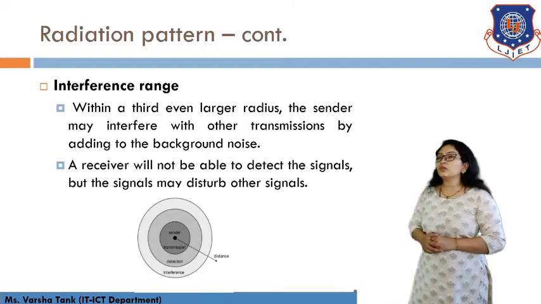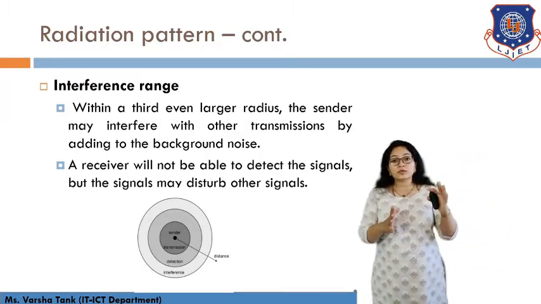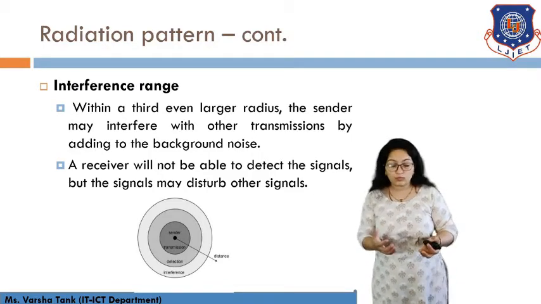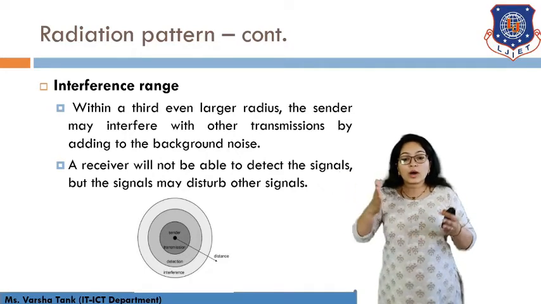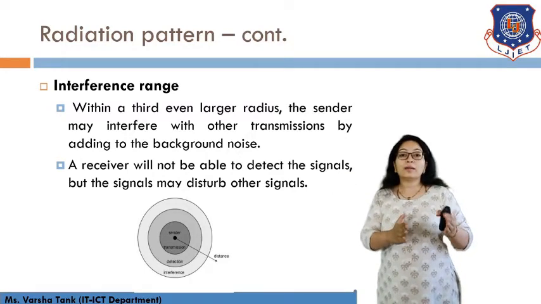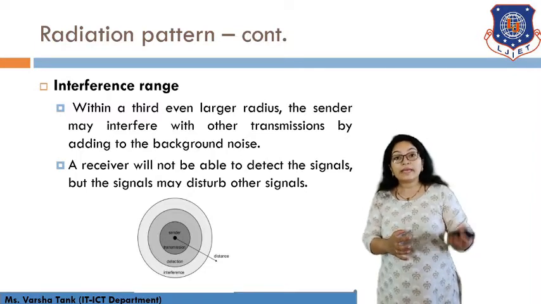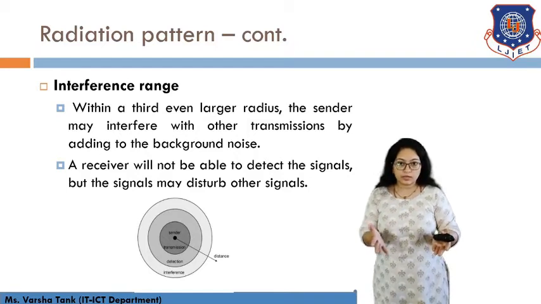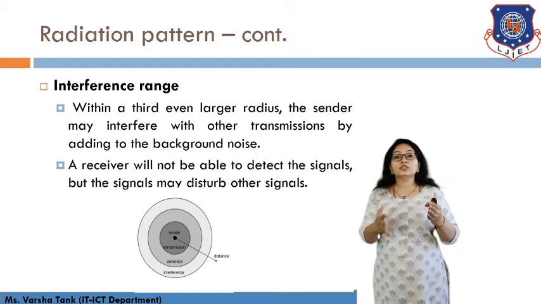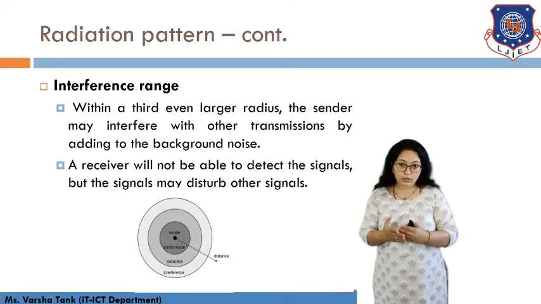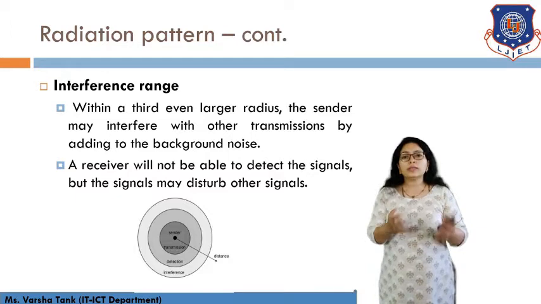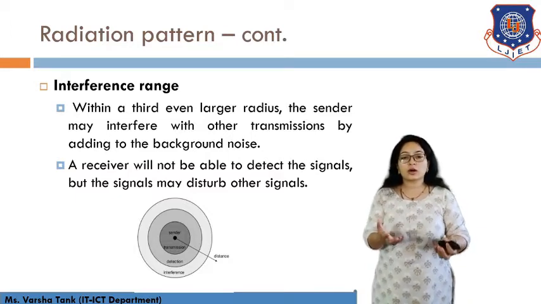For example, suppose one person is playing a song with very high volume. If you are exactly near that person and you are talking to your friend, it is not possible, because you are not able to hear your friend's voice. That is your interference range. You are not able to even hear his or her voice.